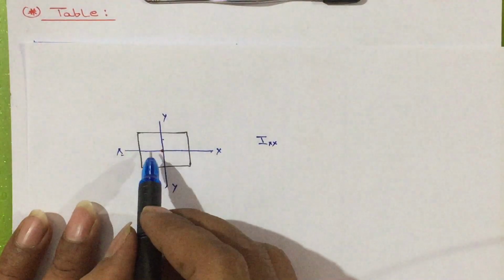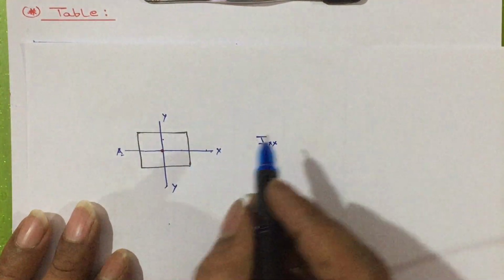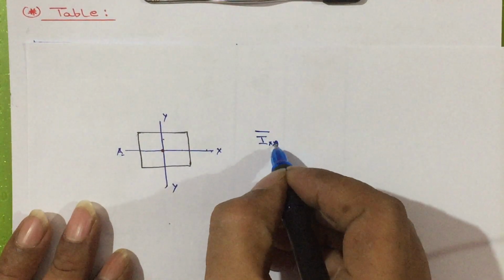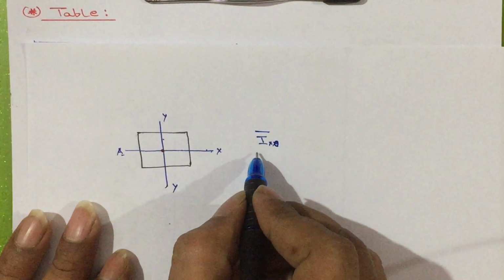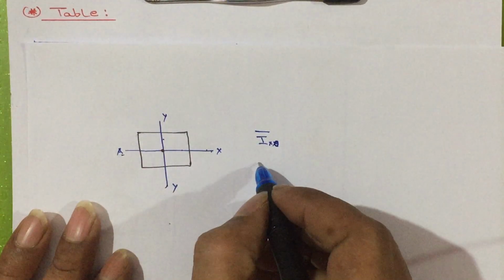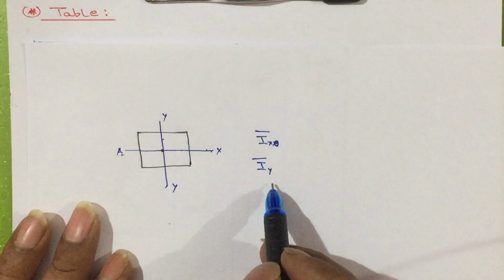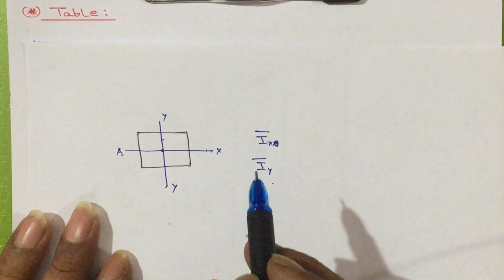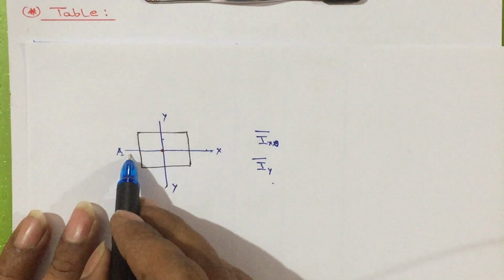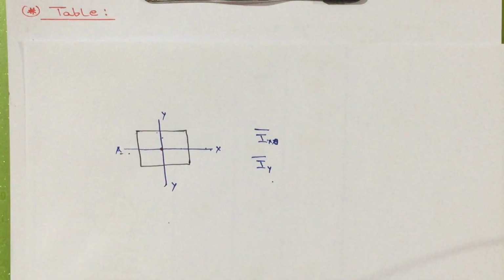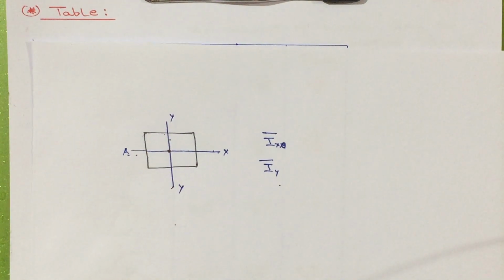The moment of inertia with respect to the centroidal x-x axis, we call that one as I x bar. The moment of inertia with respect to the centroidal y axis, we call that one as I y bar, where I x bar and I y bar are the moment of inertia with respect to the centroidal x and y axis. Understood? Okay.